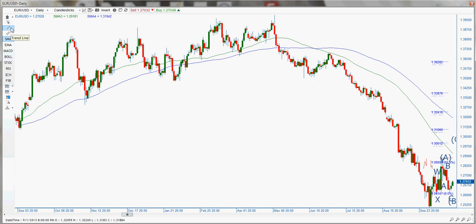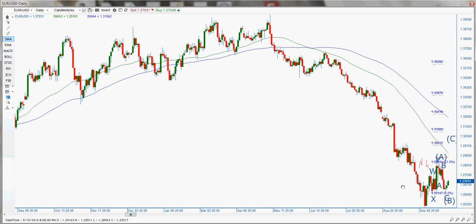Moreover, I can count possibly a completed impulse wave, at least from this high here, where this could be 1, 2, 3, 4, and 5. A guideline of corrections is they tend to terminate in the area of the previous fourth wave. This would be the area of the previous fourth wave. At the very least, it's consolidation. So this is resistance.